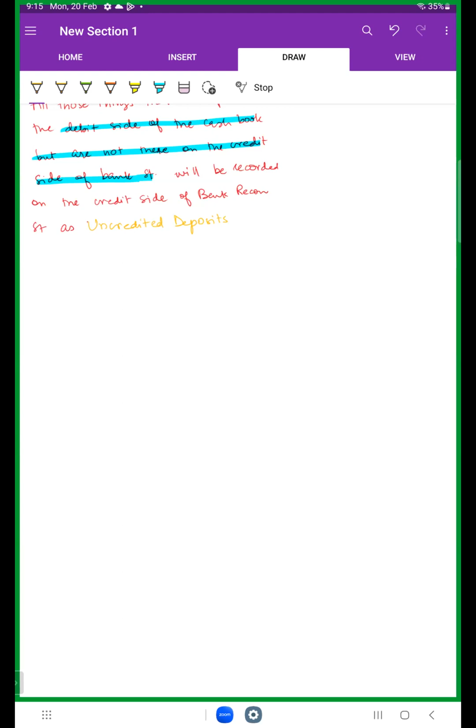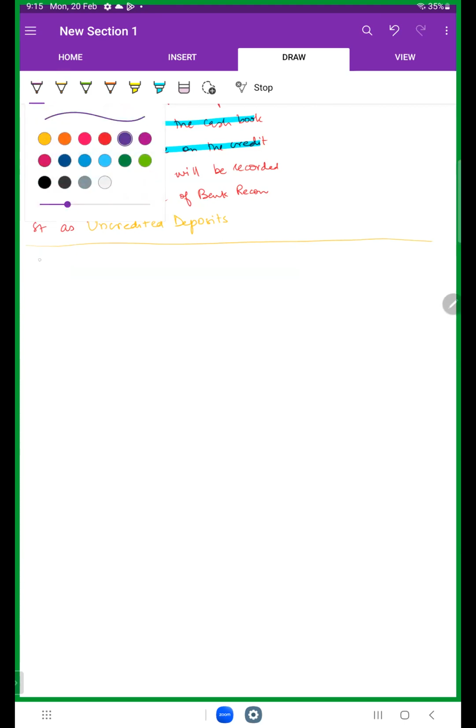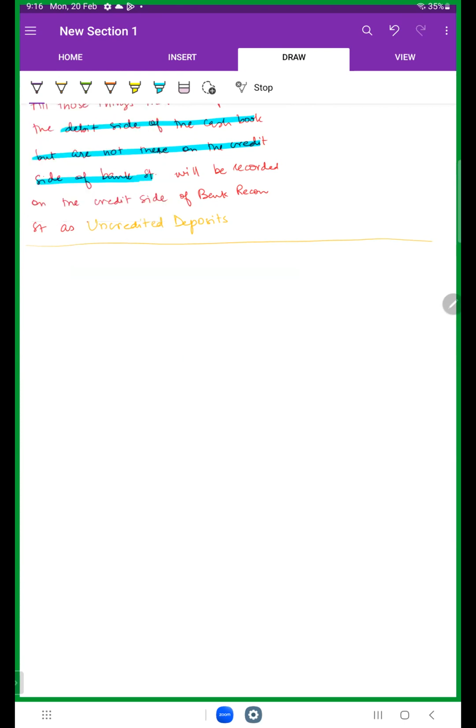Now, if I make the bank reconciliation statement, first I'm supposed to put the date: bank reconciliation statement as at whatever the date is, right?